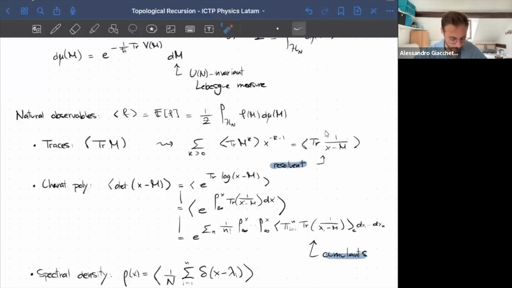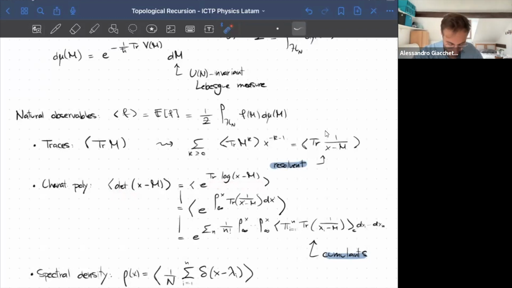Another conjugation invariant quantity that you can try and compute is the determinant, or more generally the characteristic polynomial. And for a certain reason, in this case, it's more convenient to rewrite this as a trace again. In order to do so, you can write the determinant as the exponential of the trace of the log.